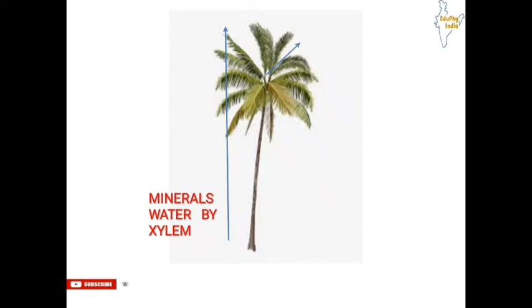Here you can see minerals and water are transported by xylem tissue, and food is transported by phloem. The minerals and water absorbed by roots are transported to other parts of the plant using xylem, and the food which is stored in leaves is transported by phloem to other parts of the plant.